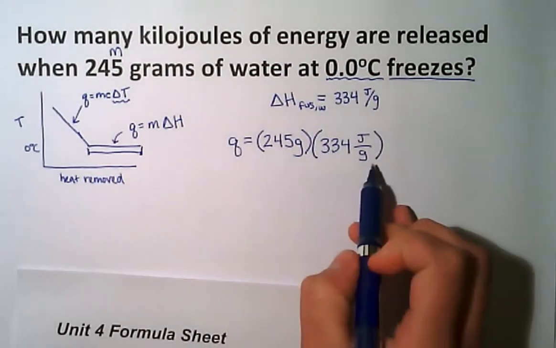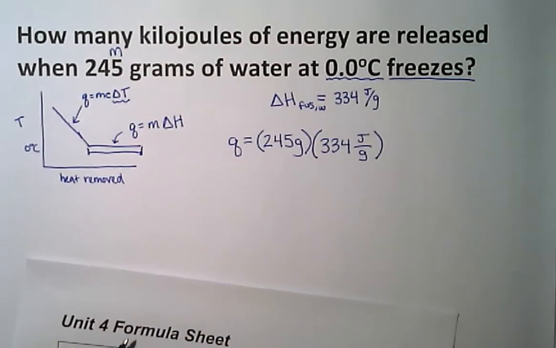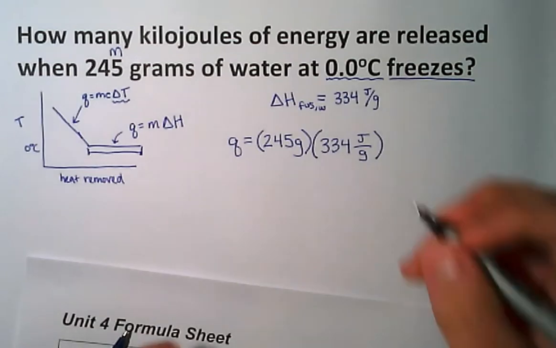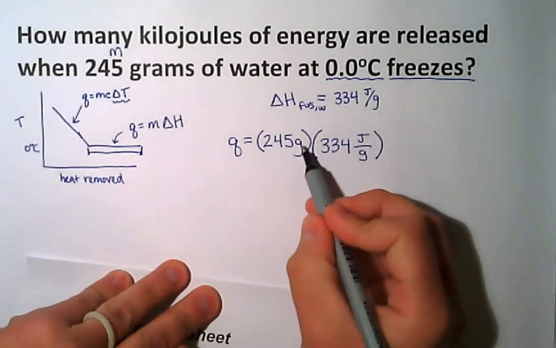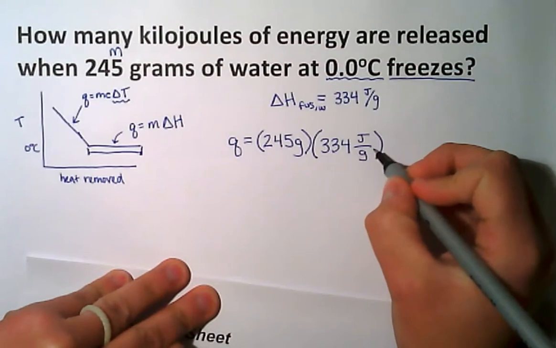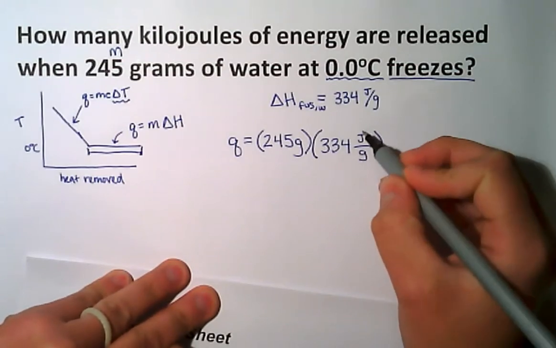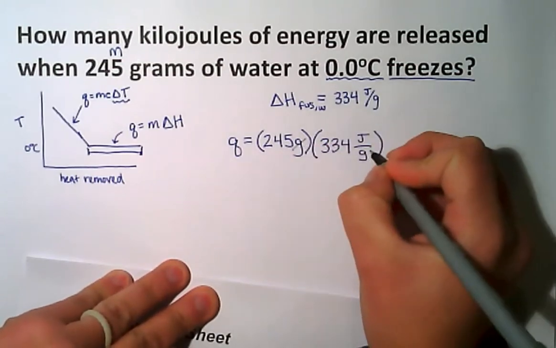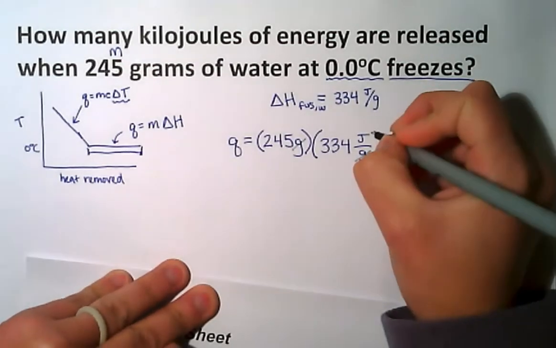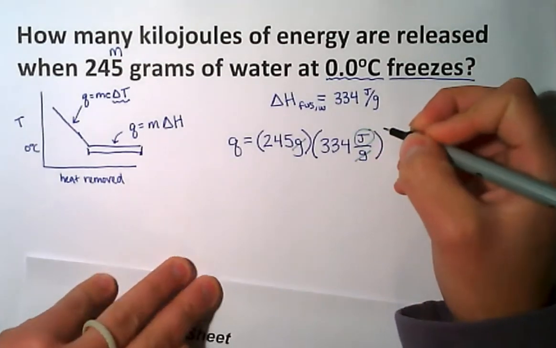So when we multiply these two things together, we need to look at what is going to happen to our units. We have grams in the numerator, and then we have grams in the denominator in joules per gram. So these two grams are going to cancel, and we're just going to be left with units of joules.